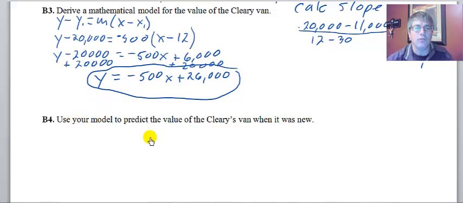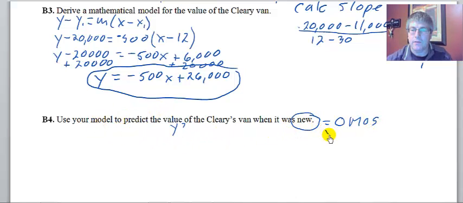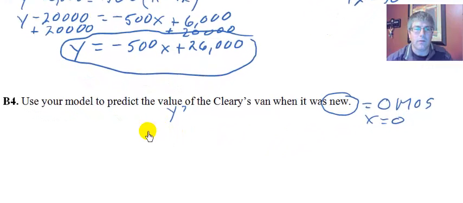So we want to use the model to predict the value of the van when it is new. We want to know what y is when it's new. Well, new is 0 months old, so that is my x equals 0.